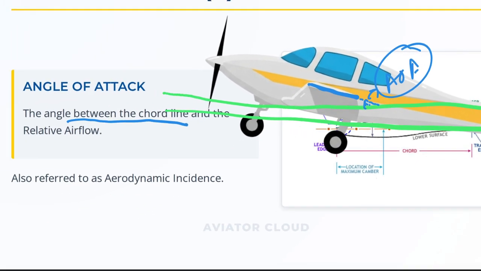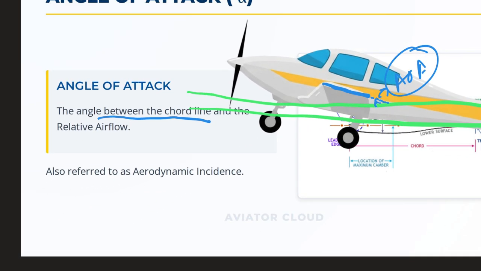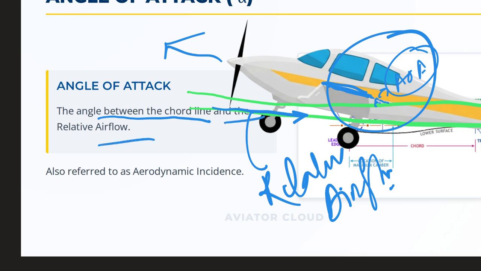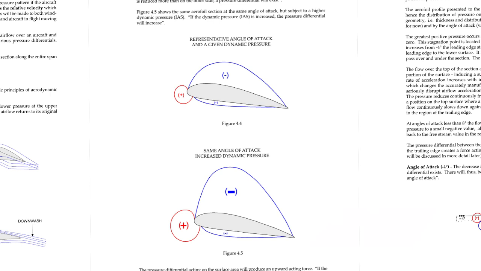Remember, it is always the angle with the relative airflow, not the flight path or the nose of the aircraft. So what is angle of attack? The angle of attack is the angle between the chord line of the wing and the relative airflow.